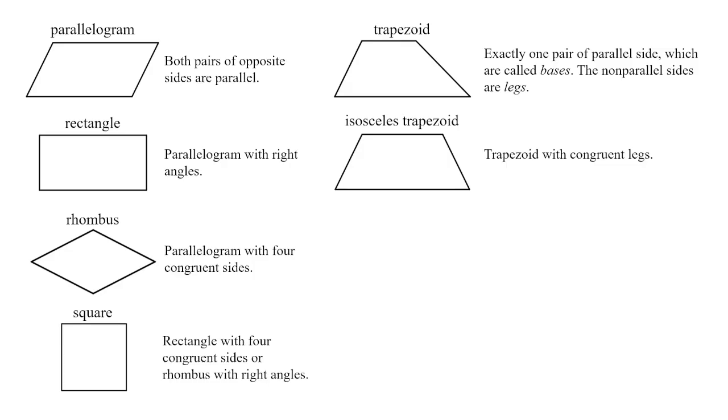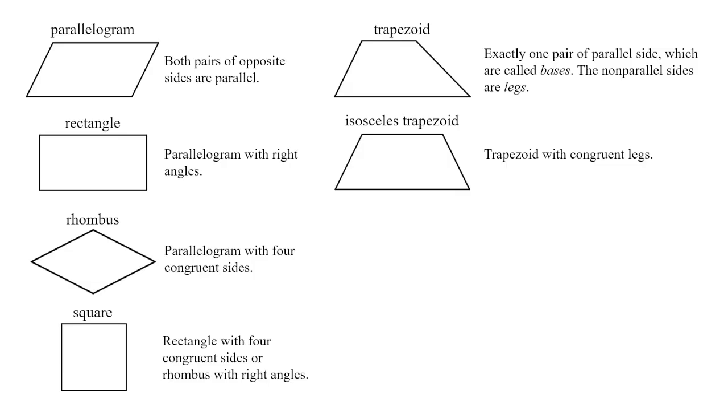Then we have the isosceles trapezoid. The legs are congruent. And the best way to remember what an isosceles trapezoid is, think of the isosceles triangle, where 2 of its sides are congruent.